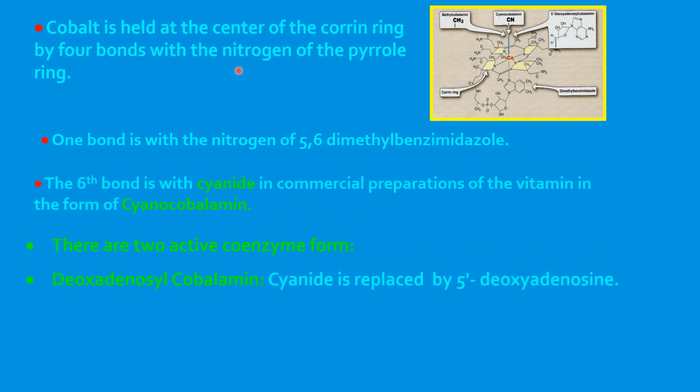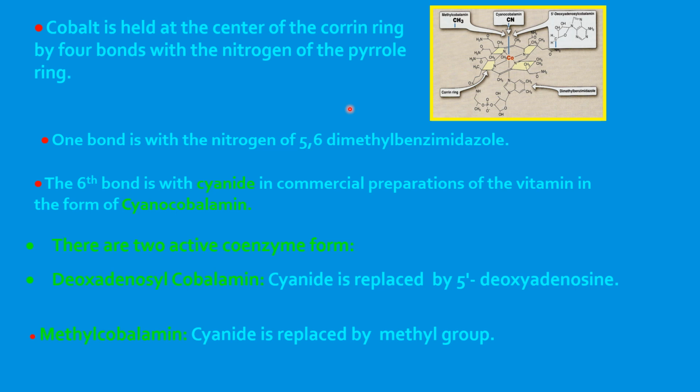So here we have our cobalt held by 4 nitrogen bonds to each of the 4 pyrrole rings. And one of the bonds is with a molecule of 5,6-dimethylbenzimidazole to the cobalt, and the 6th bond of cobalt is attached to cyanide, so giving this molecule the name cyanocobalamin.